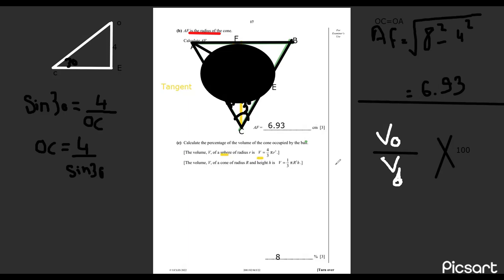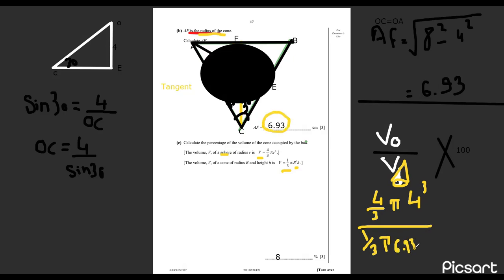So the volume of the sphere or the ball will be equal to 4 over 3 pi r cubed, where the r of the ball, remember, was 4. Divided by the volume of the party hat, the cone, which he also gives you: one third pi r squared h, where r here is the radius of the cone, which was 6.93. So multiplied by 6.93 squared.